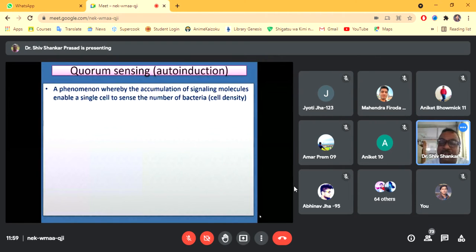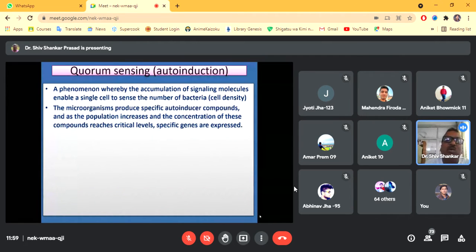Okay, so the microorganism produce a specific auto-inducer compounds, है ना? कुछ ऐसे कंपाउंड्स सिंथेसाइज करते हैं जिसका कि, जैसे ही पॉपुलेशन इंक्रीज करेगा तो वो उसको आइडेंटिफाई कर लेगा.